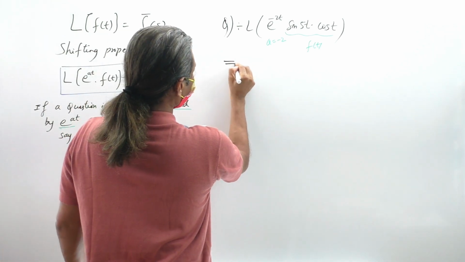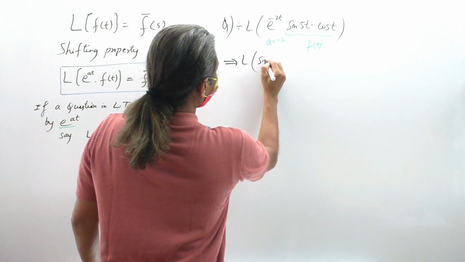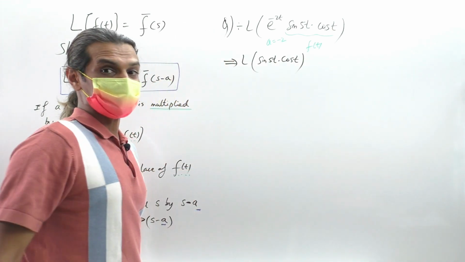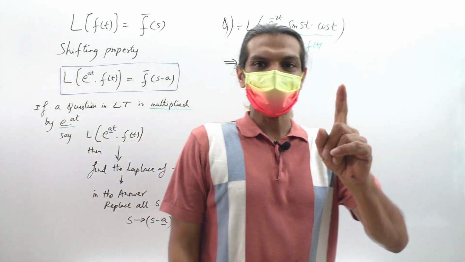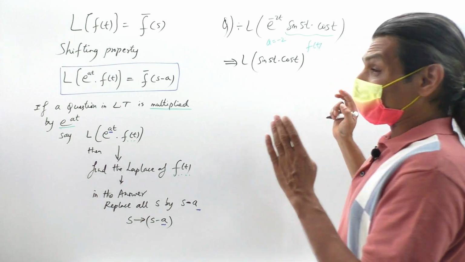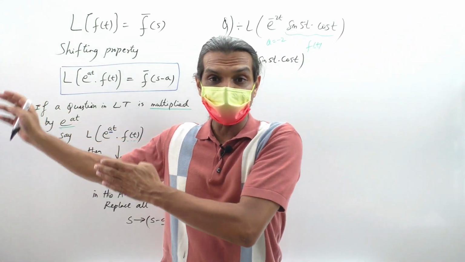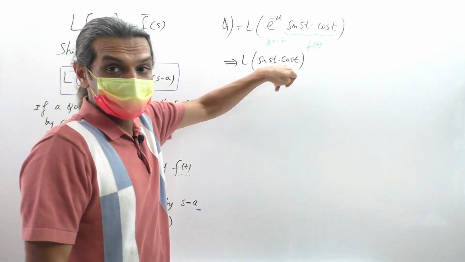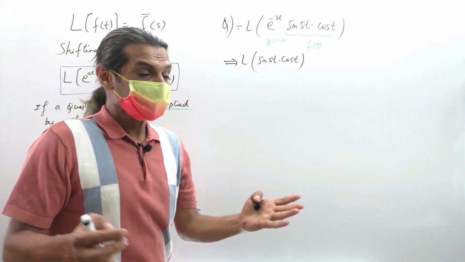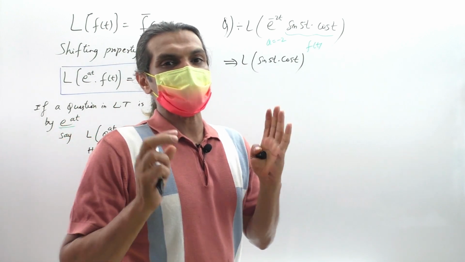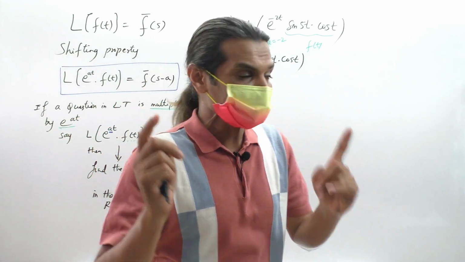So that implies Laplace of sine 5t into cos t. Go back to video number 2, where I solved some basic problems for that. I mentioned that the question should be a plus or minus of standard results multiplied. So what is not standard? So use the formula, sine a into cos b is half of sine a plus b plus sine a minus b.